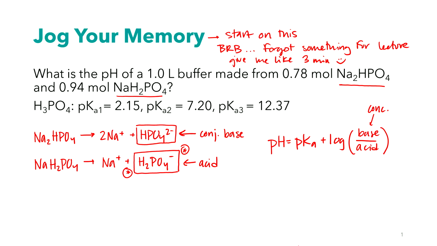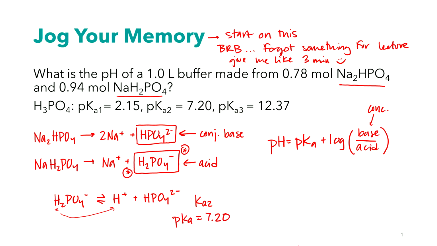The acid that I put in was the H2PO4 minus. So I'm thinking about the removal of that second proton: H2PO4 minus dissociating into H plus and HPO4 2 minus. That's Ka2, so I want to pull the pKa for the second deprotonation.